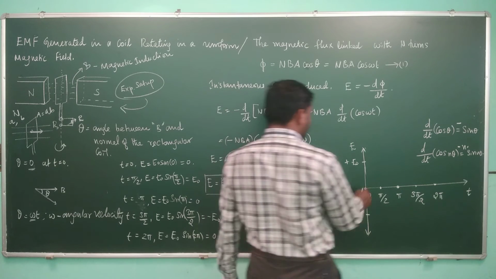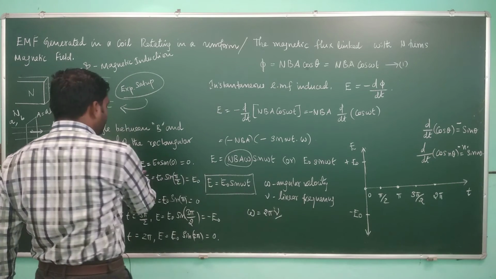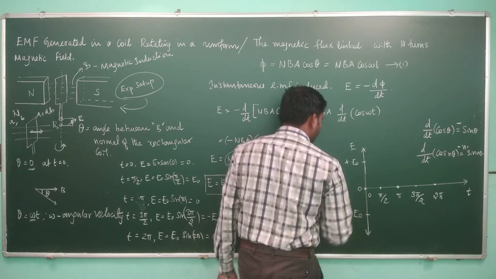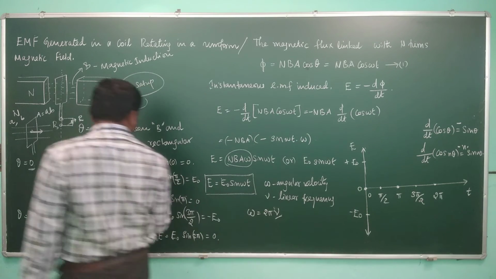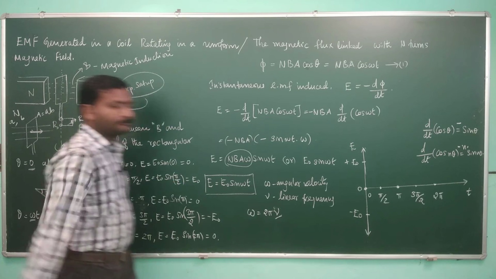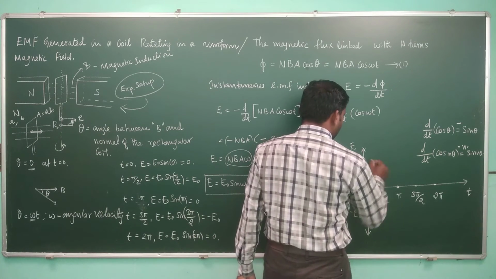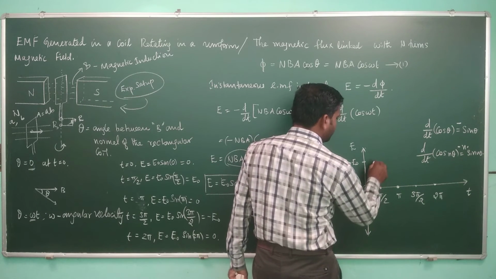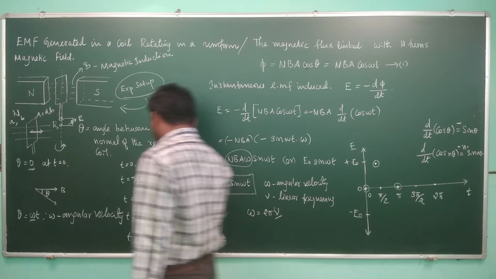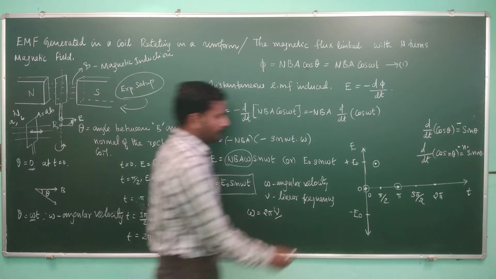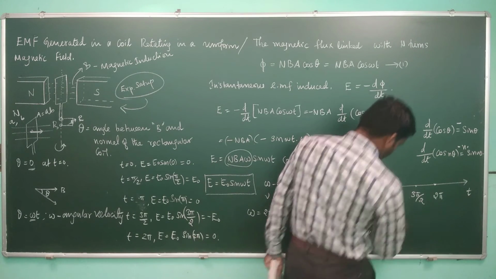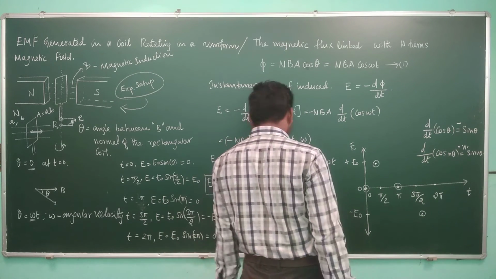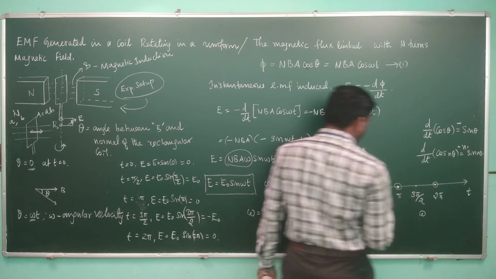For t equal to 0, E equals 0, so this point is 0. For pi by 2, E becomes E naught, so this comes here. For pi it becomes 0 again. For 3 pi by 2 it is minus E naught. And for 2 pi it is 0 again.